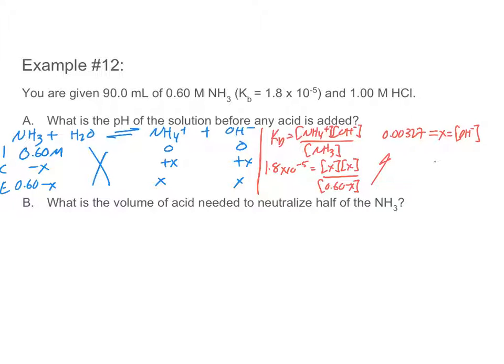So if that's equal to OH minus, I now can go ahead and calculate my pOH. pOH is equal to negative log of the OH minus. pOH is equal to the negative log of 0.00327.